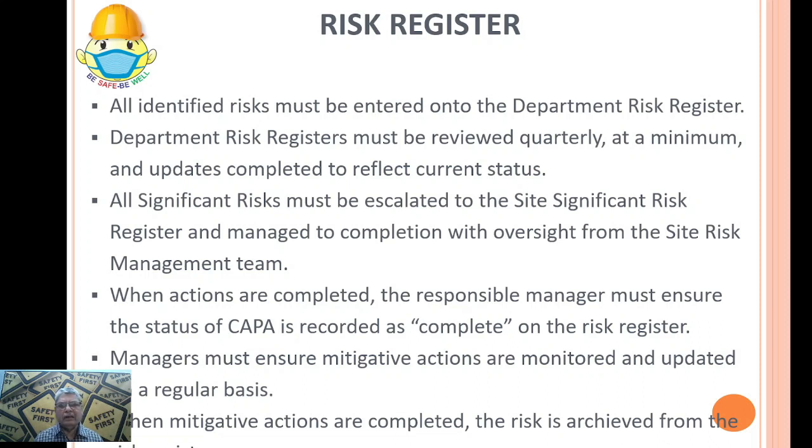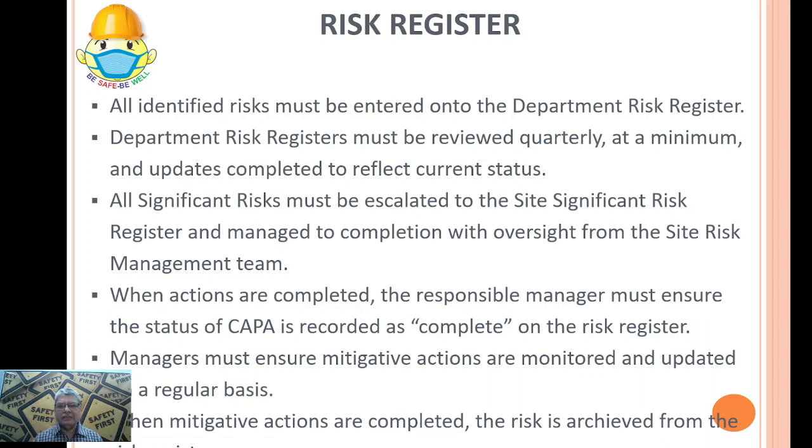So all significant risks must be escalated to site significant risk register. So risks which are below 10 may not be escalated, but the risks which are above 10, they will have to be escalated to the top management. So they are to be escalated to the site significant risk register and managed to completion with oversight from the site risk management team.